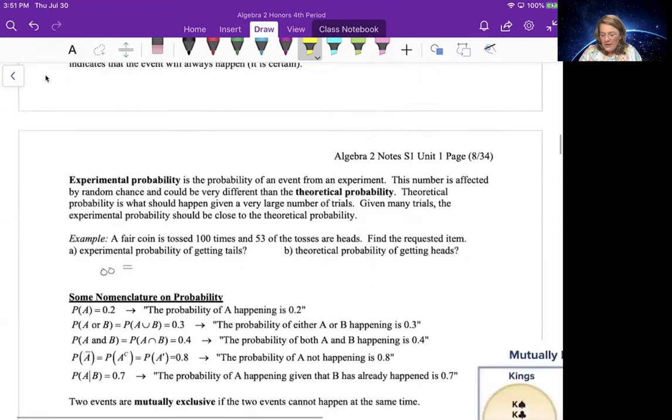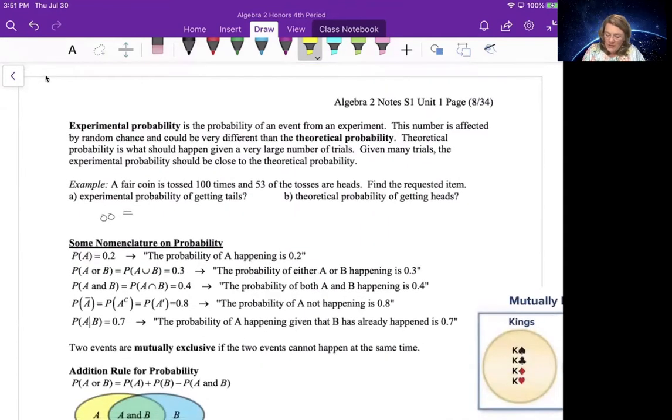We have a couple different types of probability: experimental probability and theoretical probability, and they're not always the same. What do I mean by that? Think about this. If I have a die with 6 sides, what's the probability that I would roll a 3? You would probably know that I have a 1 out of 6 chance of rolling a 3.